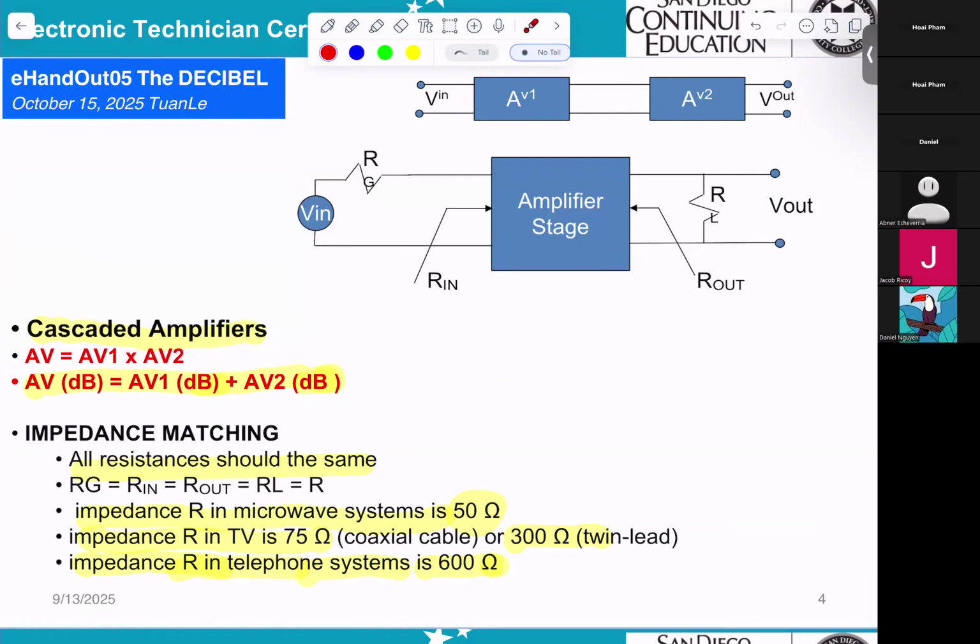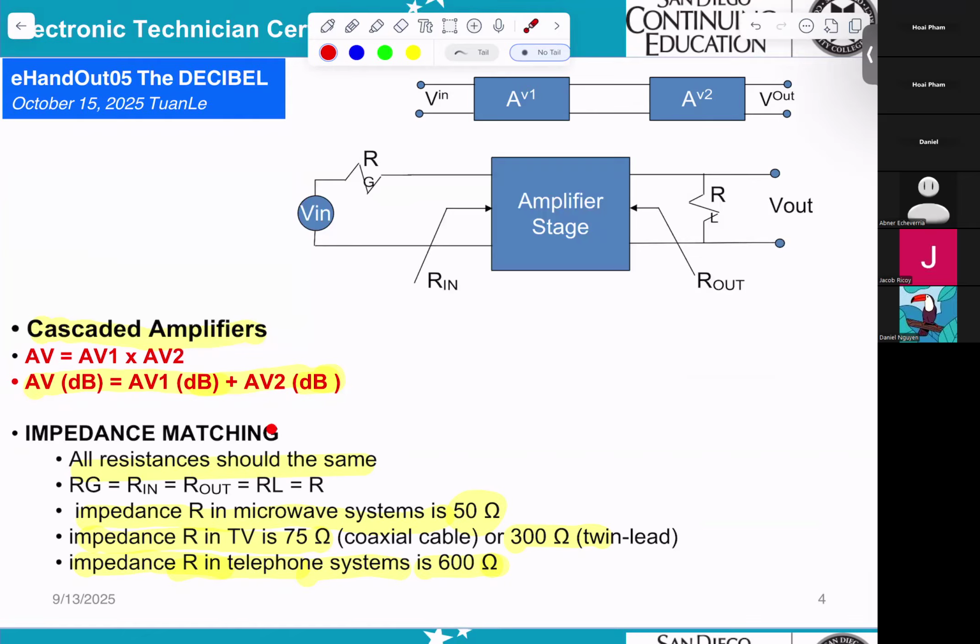And if you get more, times AV3. However, if you're talking about the gain in dB, then you cannot multiply. You add them up: AV1 dB, adding AV2 dB, and adding AV3 dB so far. Okay? That's just a basic formula.